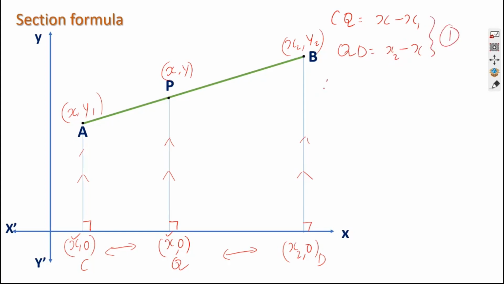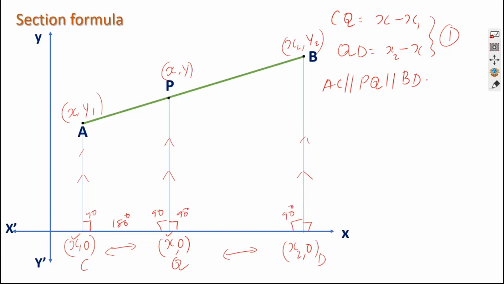We can also say that AC is parallel to PQ and PQ is parallel to BD, because these are perpendiculars and the interior angles total 180 degrees, since each is 90 degrees. That means all these are parallel.